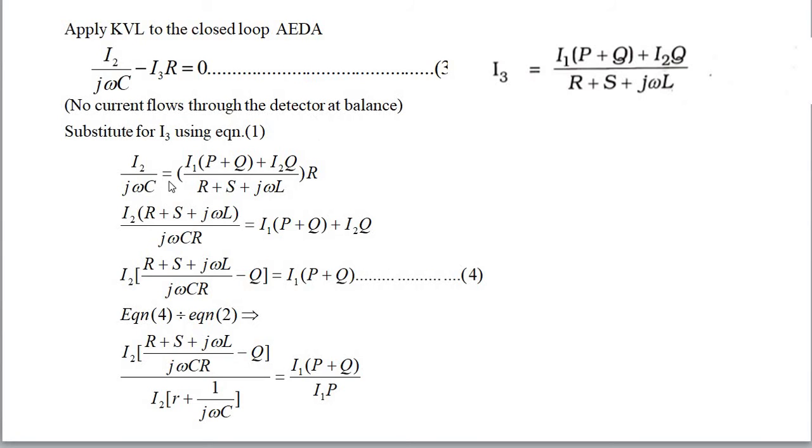I3 is I1 into P plus Q plus I2 Q divided by R plus S plus j into omega L, into R. Okay. So when we rearrange this equation, you will get I2 into R plus S plus j omega L divided by j omega C R. So here taking R here, you will get this equation as I1 into P plus Q plus I2 Q. Again we can take I2 outside, so I2 outside into R plus S plus j omega L divided by j omega C R minus Q, where I2 is taken to this side, becomes negative, and I2 is a common term, so we are taking it outside the bracket.